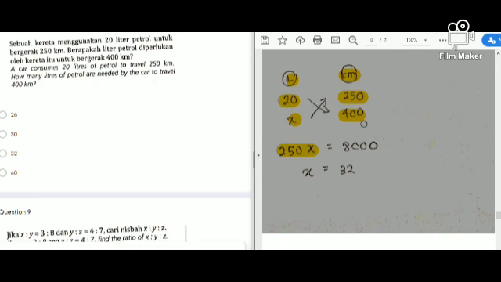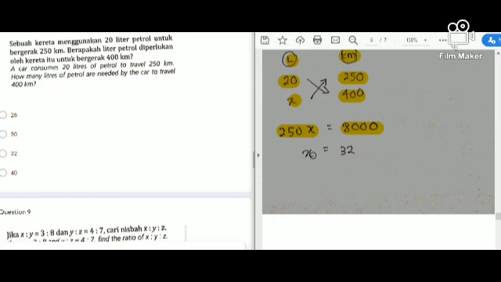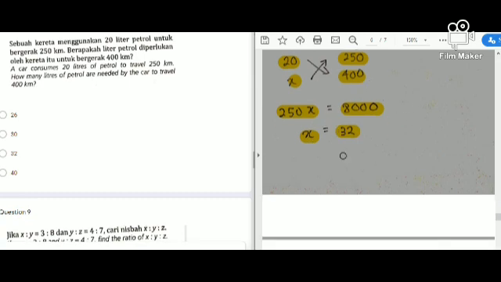Then 20 multiplied with 400, you will get 8,000. So, how to find X? 8,000 divided by 250. So, you will get 32 liters. And the distance traveled will be 400 kilometers.